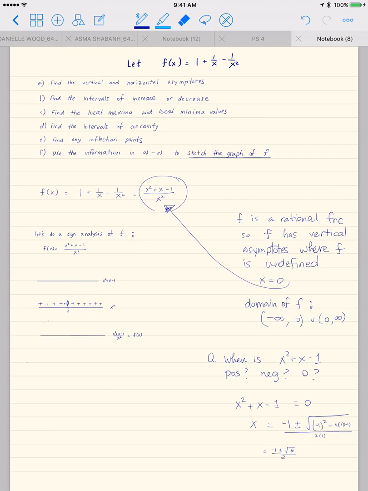So this means I've got a parabola, and the parabola is 0 at negative 1 plus root 5 over 2 and negative 1 minus root 5 over 2.